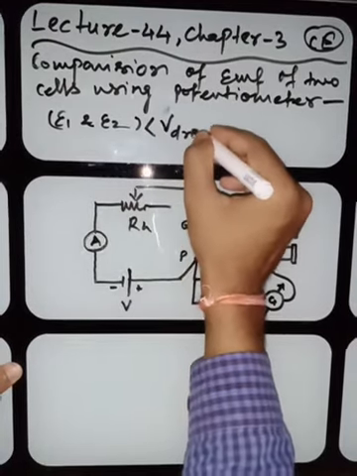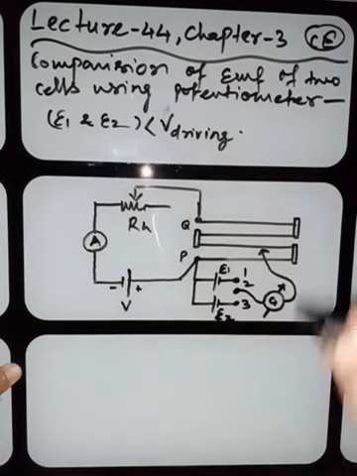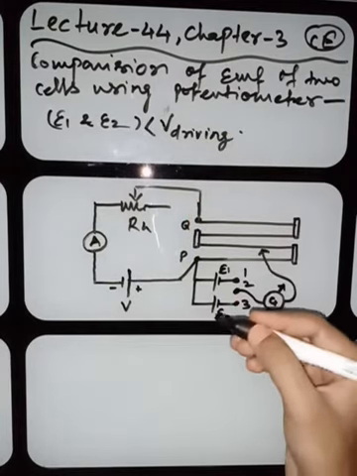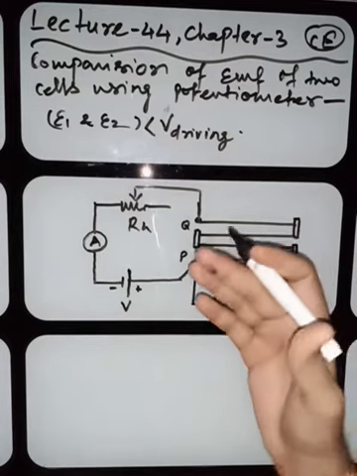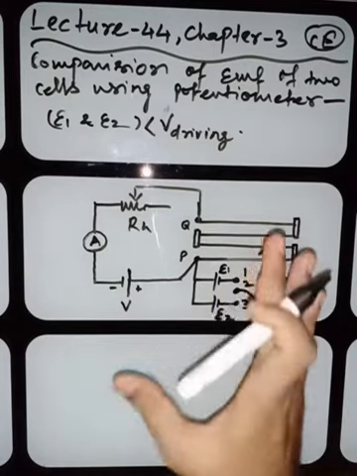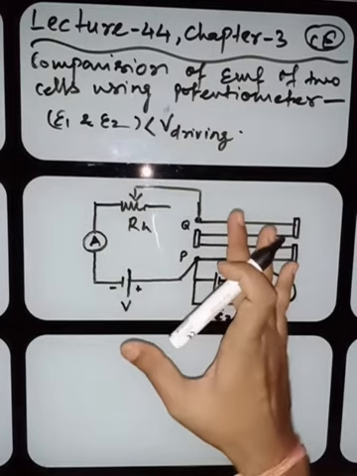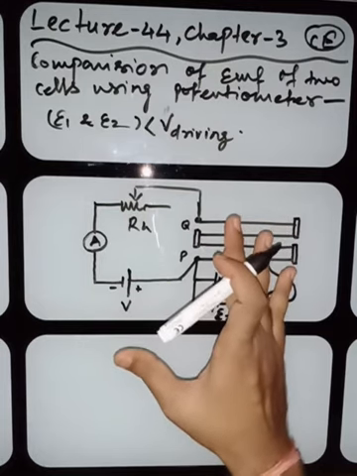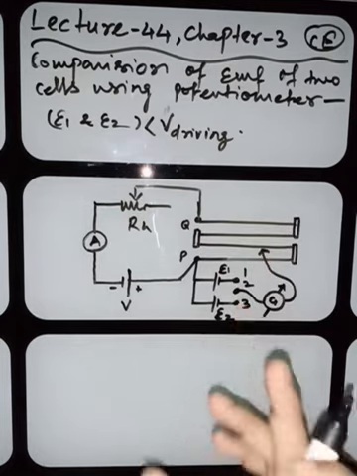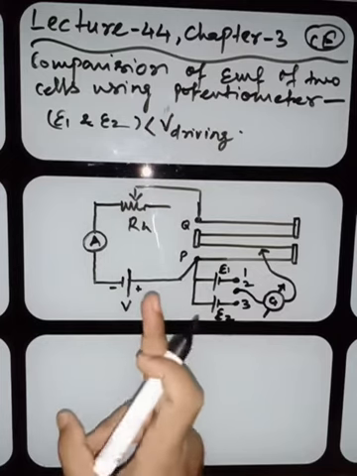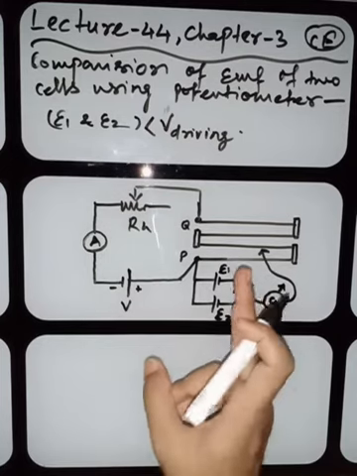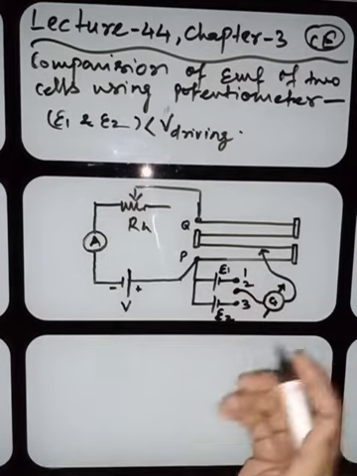This is the driving cell. The potential of the driving cell should be greater. Students, you must see the experiment based on potentiometer on YouTube. I also prefer to see the YouTube experiment of meter bridge. This is part of your experiment.